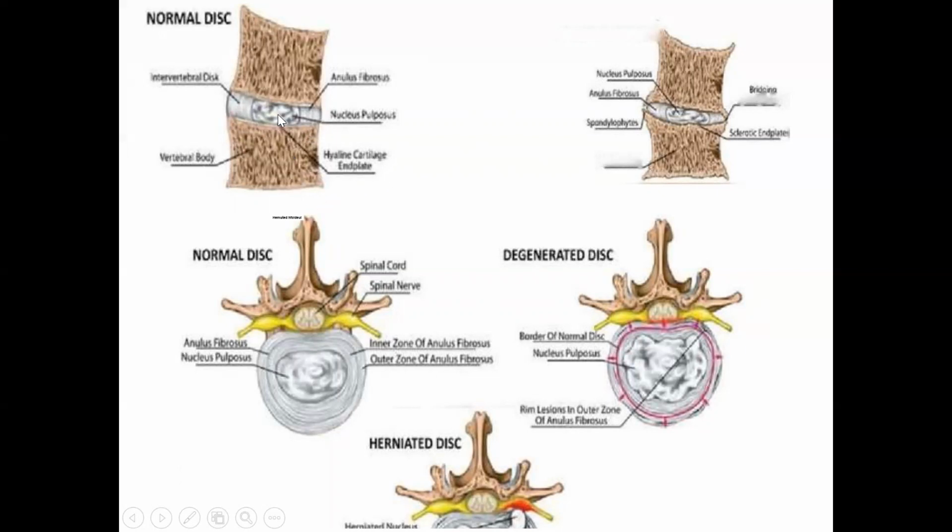Here you can see the nucleus pulposus and this is the annulus. This is a degenerated disc. Here you can see the border of normal disc and this is the nucleus pulposus. This is a rim lesion of the outer zone of the annulus fibrosus. And here it is a herniated disc. Moving forward onto the next slide.